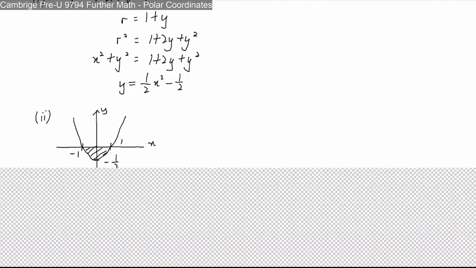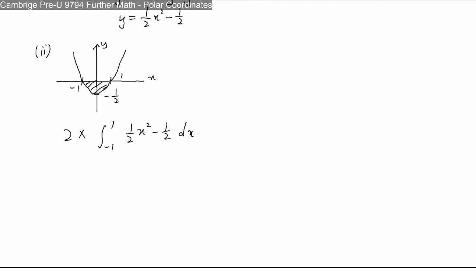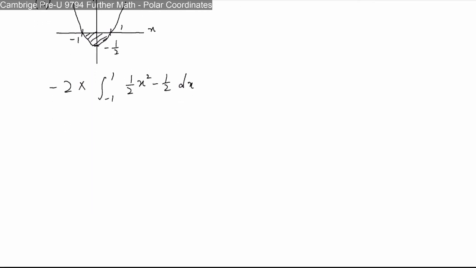But what we are working with here is a Cartesian equation, and the area of the curve is below the x-axis. So if we use this, we will actually get a negative value. But it is an area, so we cannot just do this. Instead, we need to negate it.